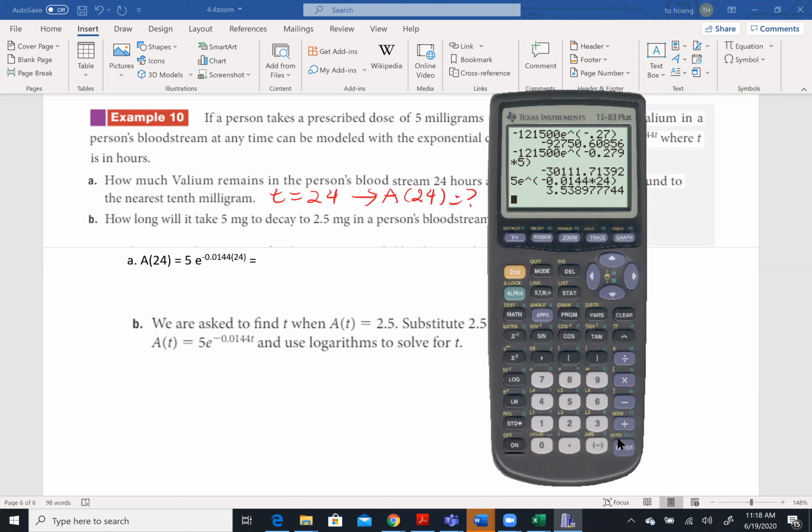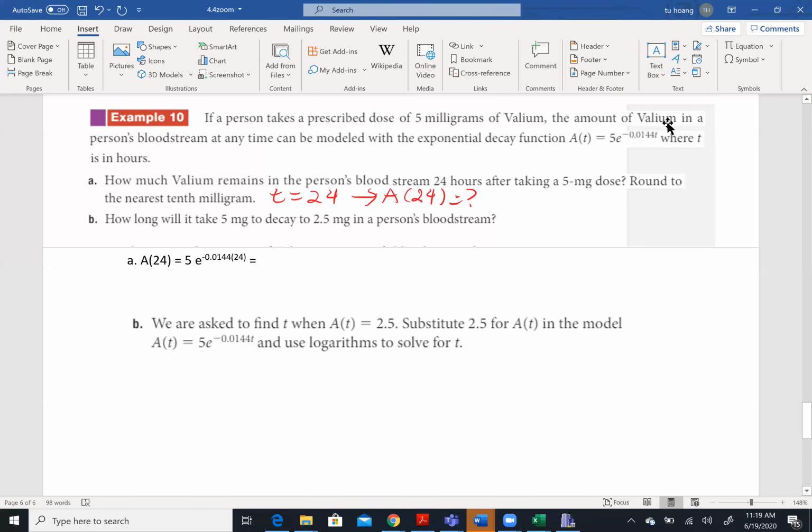Enter that. It's gonna give 3.53. Okay, 3.53. So we're gonna put 3.5 because they say round to the nearest tenth of a milligram. So you say 3.5 milligram. Okay.